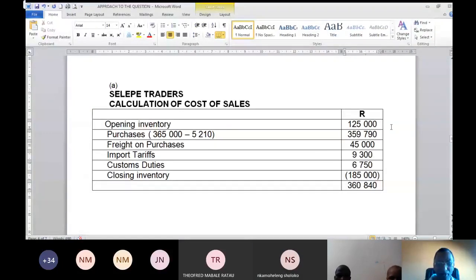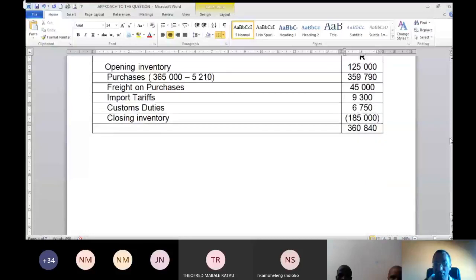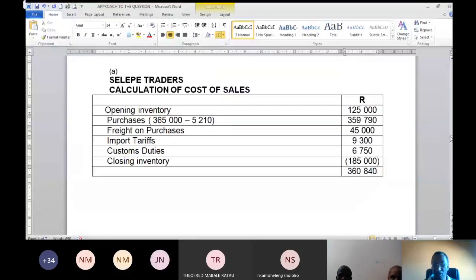So when we talk about the first part of the question paper, they ask you to complete the calculation for cost of sales. Cost of sales is the opening inventory plus the purchases plus the freight on purchases plus import tariffs and customs duties minus the closing inventory, and that will give you cost of sales of 360,840.